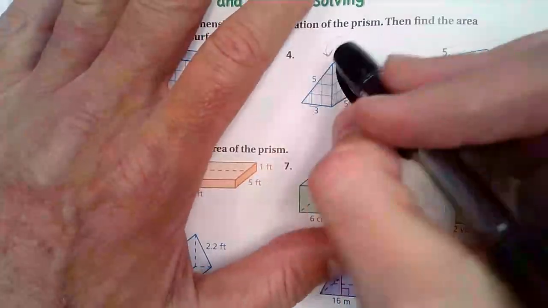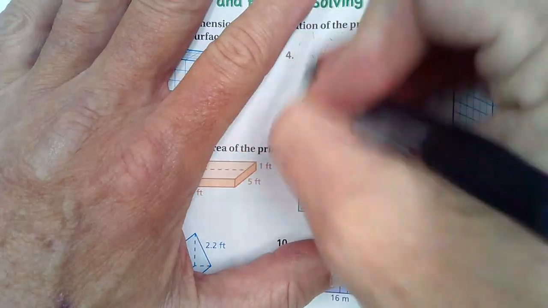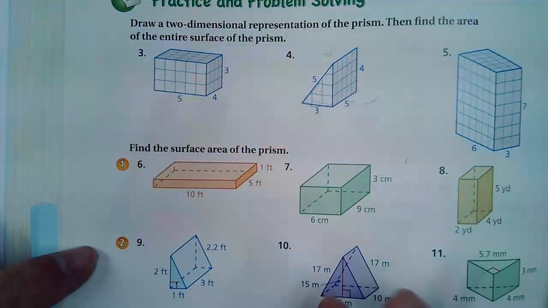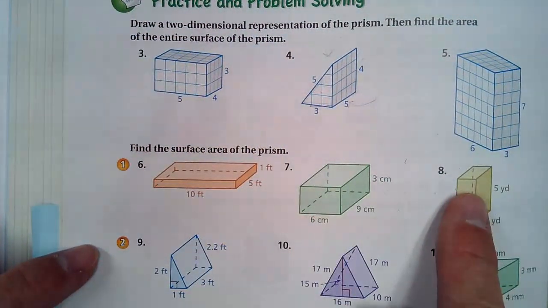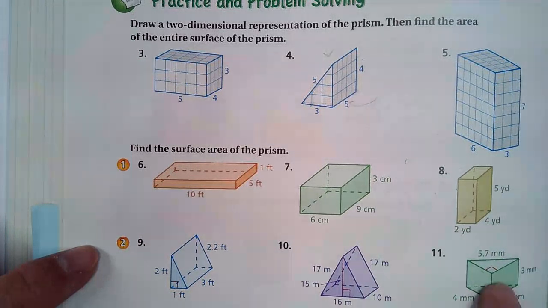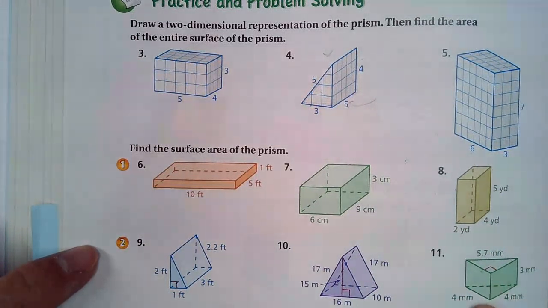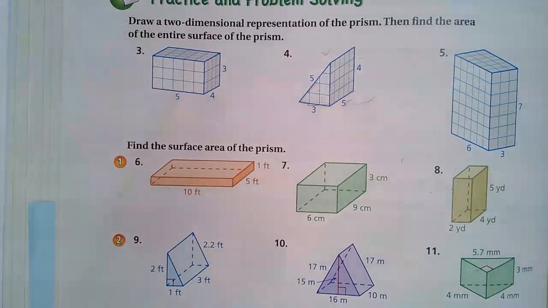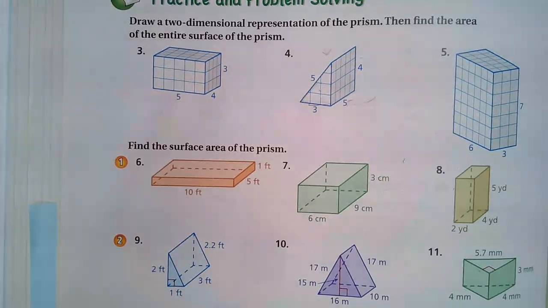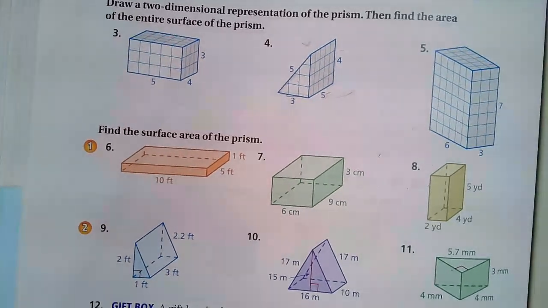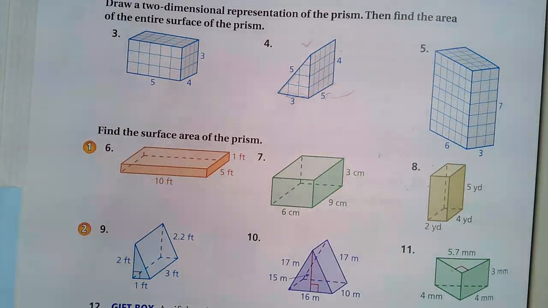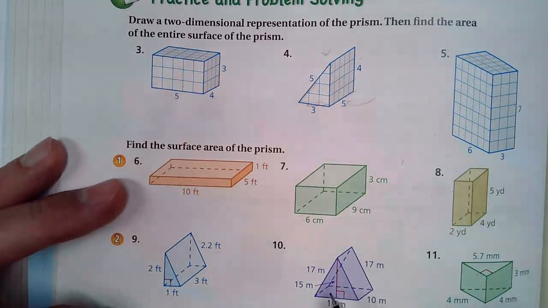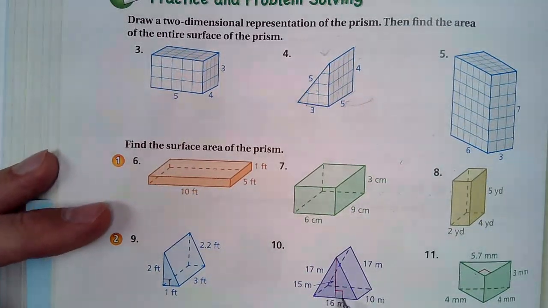All right. Questions? Anybody? No questions? All right. So what I want you guys to work on today would be 3, 4, and 5, 6, 7, 8, 9, 10, and 11. Okay. 3 through 11. I call this 8.2 part 2.